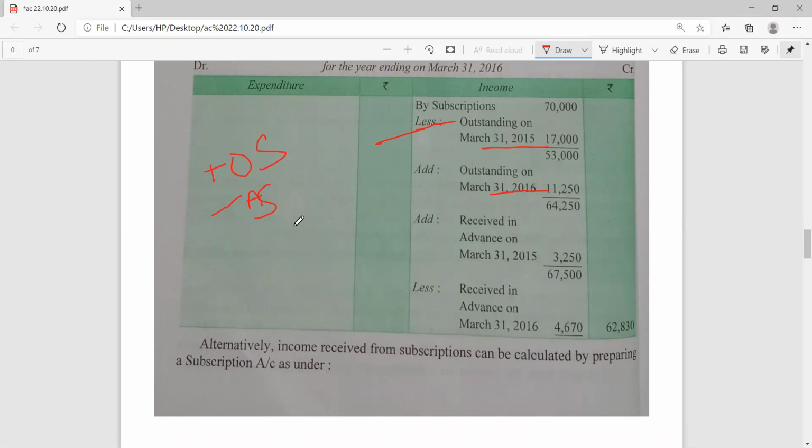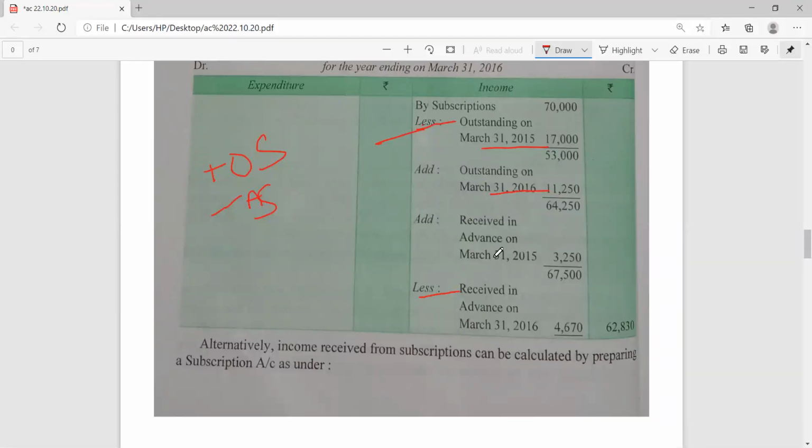And whatever the accrued for that particular year, you also come to know by putting the less accrued income, advance income, and whatever advance is received in the closing balance, and add whatever advance you received in the opening balance.